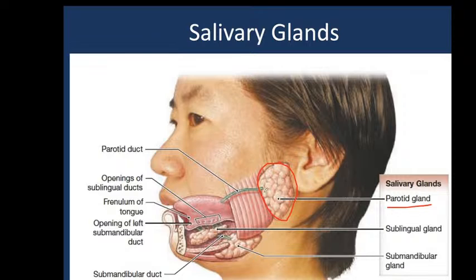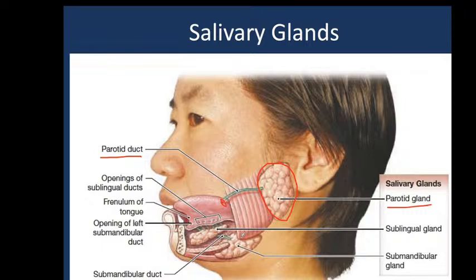Here is the inframandibular fossa, and those glands are located here. Parotid glands secrete saliva, and it comes through the parotid duct inside of the oral vestibule at the second upper molars. Here is the opening.